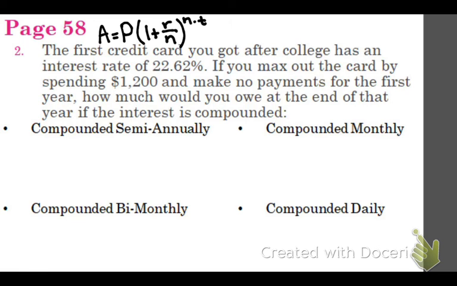Whew, that's a lot. What's the first thing they tell us? The rate. 22.62, but is that how we would put it into our equation? We divide it by 100. Every time we see that percent in a rate, we're going to divide it by 100. What does that give us?